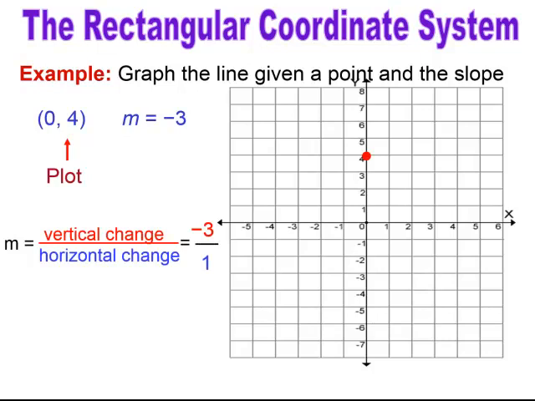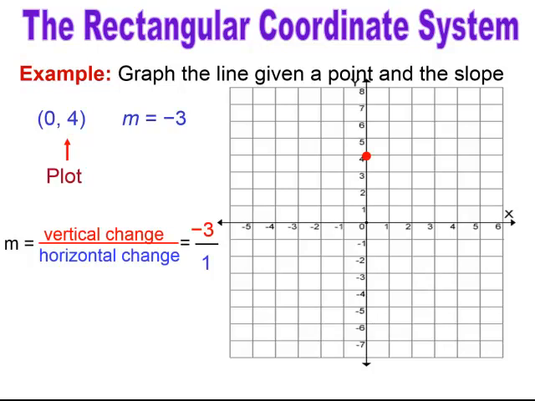So your vertical change is the -3, and your horizontal change is 1. Now when you have a negative slope, you always want to move down along the y-axis to represent that it's negative, and you always move to the right for the horizontal change.